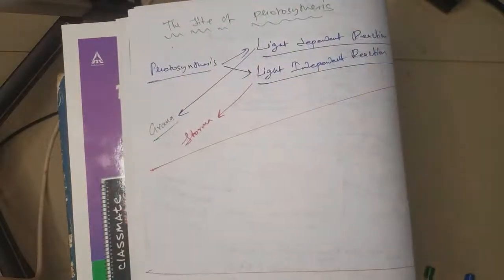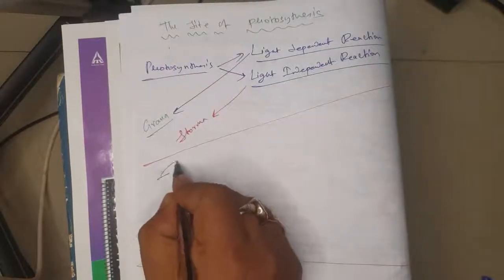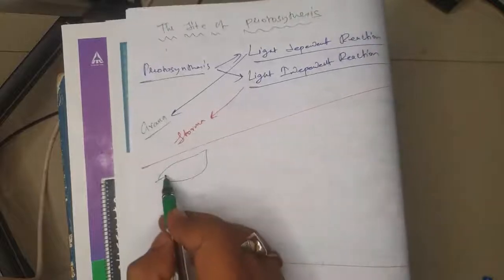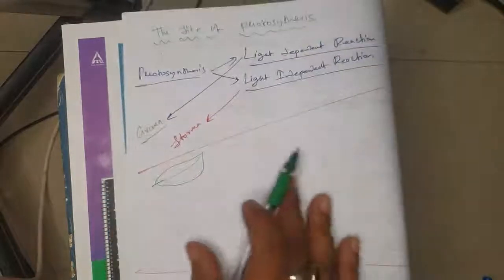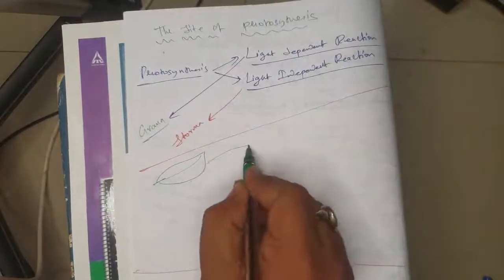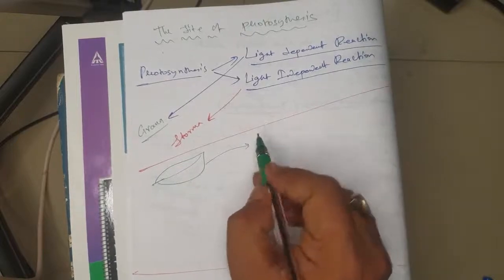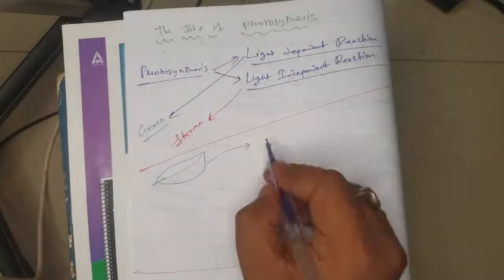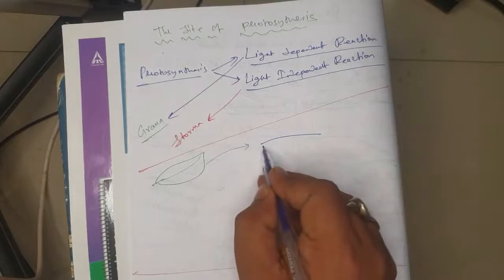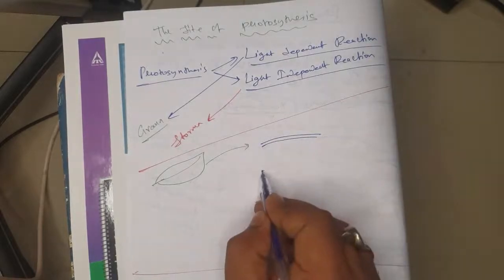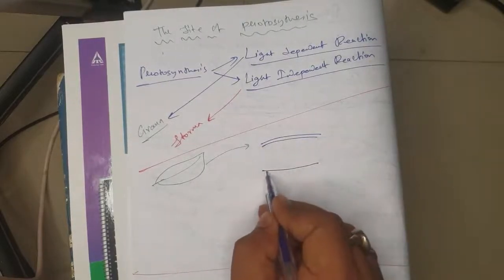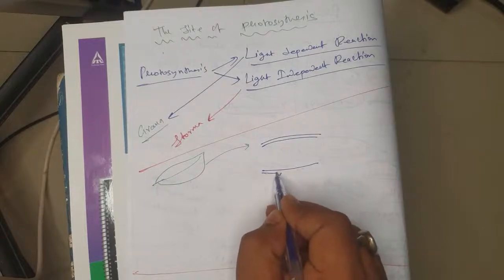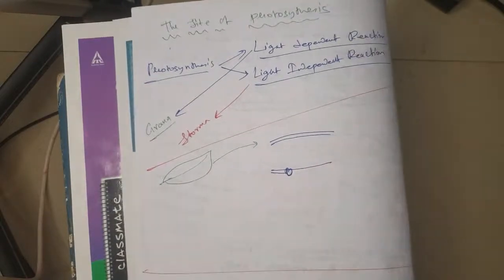Now suppose this is a leaf. If you do a transverse cross section of the leaf, the layers of cells you will find are like this. At the top there will be an epidermis and there will be a bottom epidermis. There will be stomata in the bottom layer.